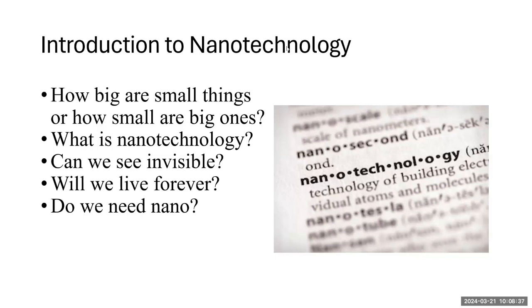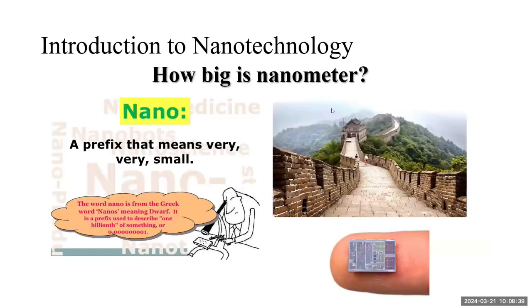If you go to the next slide, I think you all know these things. On the right side, as you can see, it's the Great Wall in China. It's very big, and you can see it from the moon. So when it comes to shrinking a little bit and going to the level of your fingertip, you can see some chips, right? Nanochips. People know it very well.